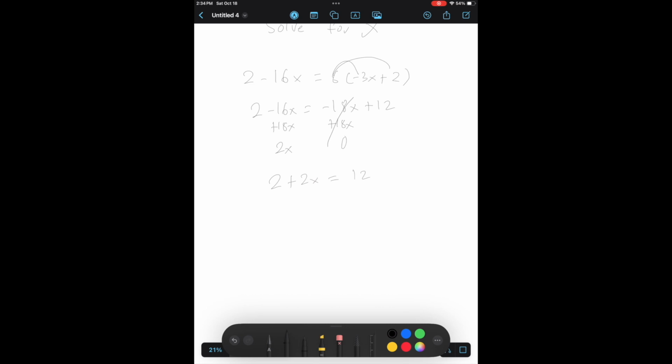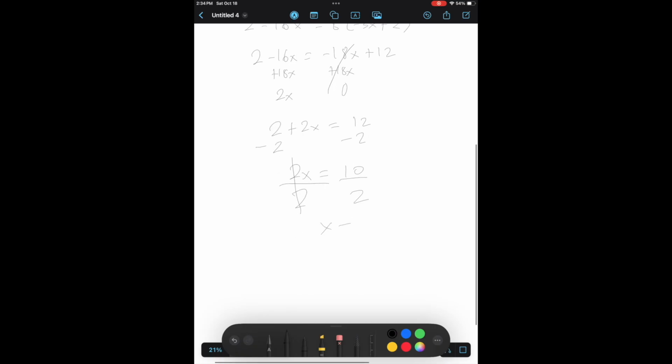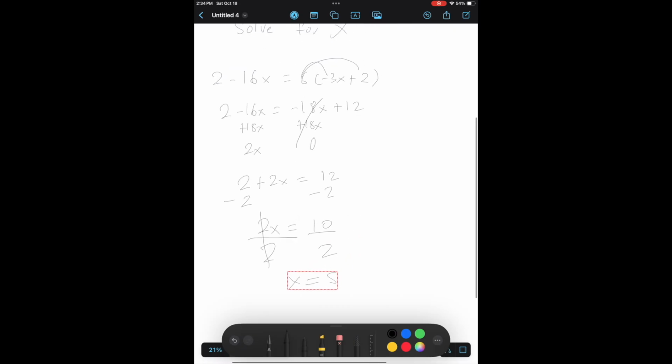Okay, now I can subtract 2 from both sides to get 2x by itself. And again, now I'm asking what number times 2 equals 10, and all we have to do is divide by 2. And of course that number is 5, because if you think about it, 5 times 2 equals 10.